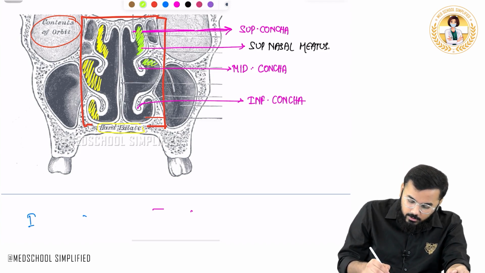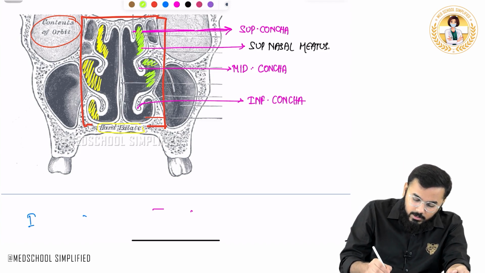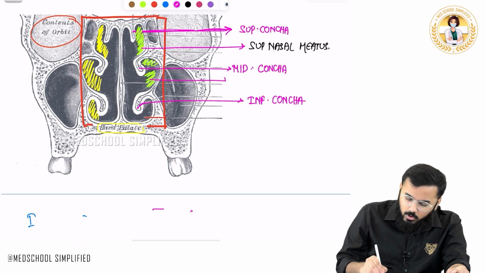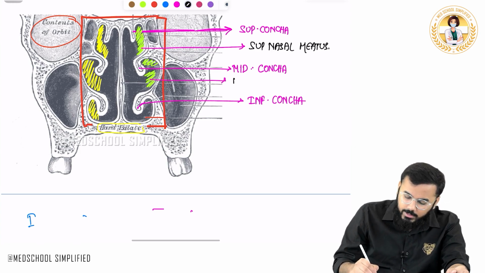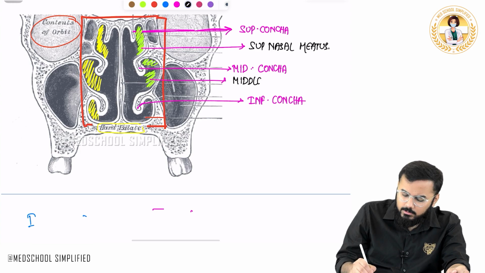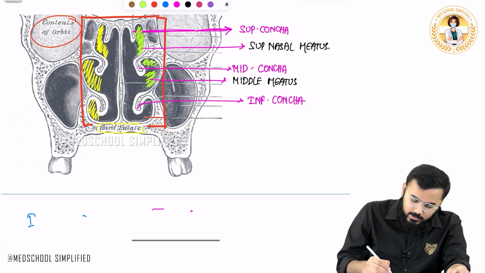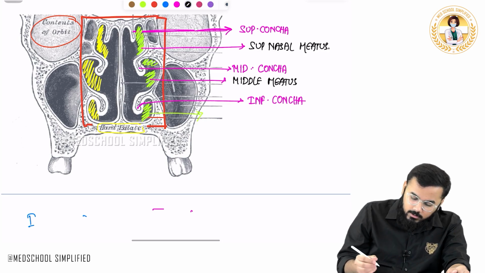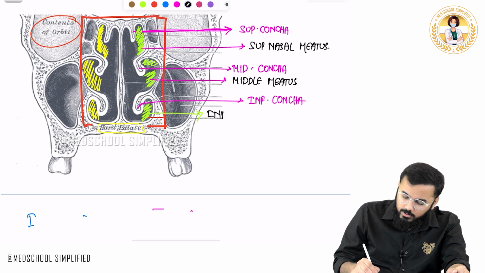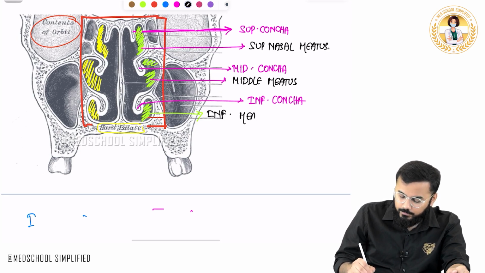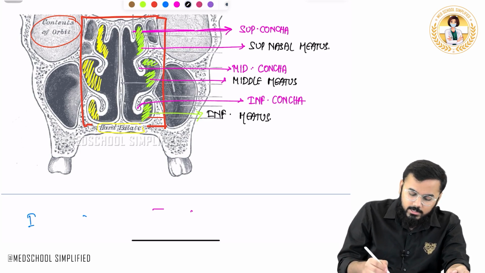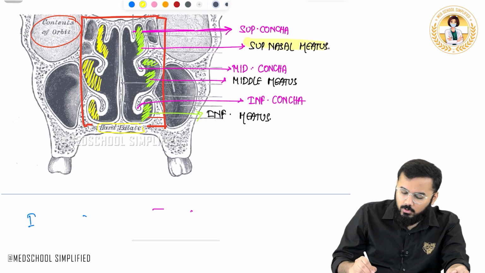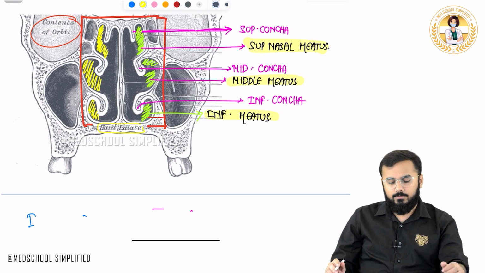Next, this one over here is called the middle meatus or middle nasal meatus. And in the same way, the last one over here is called the inferior meatus. So there are three meatus: the superior nasal meatus, middle nasal meatus and inferior nasal meatus.